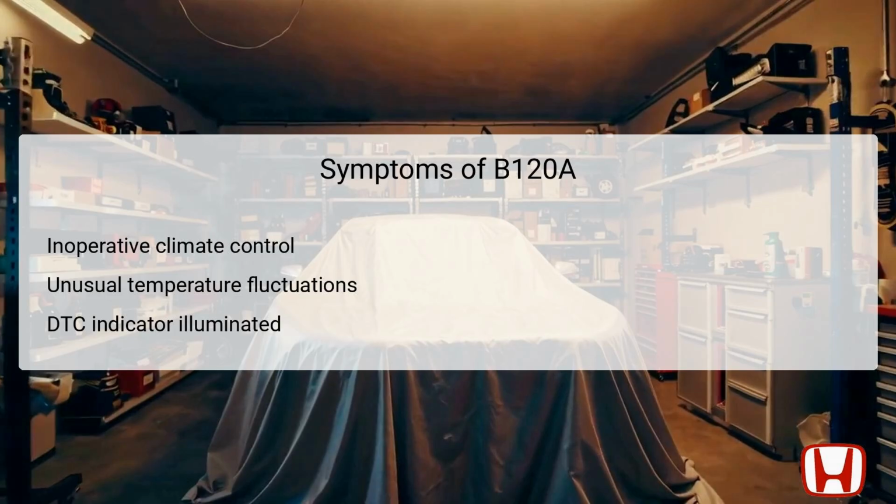Drivers may also notice the DTC indicator illuminated on the dashboard, serving as a warning sign that there may be an underlying issue in the climate control system. Observing these symptoms is vital, as they provide significant insight into the performance of the system and can help direct diagnostic efforts to the specific area of concern.